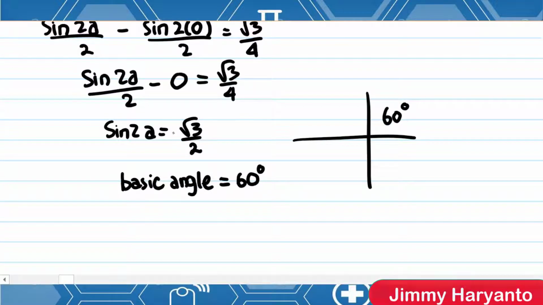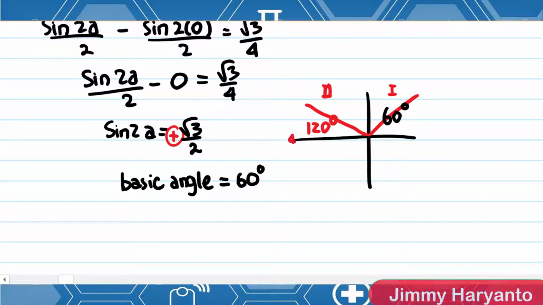Sine is positive right here, so we have to choose the quadrants where sine is positive, the first and the second. If 60 degrees is in the first quadrant, in the second quadrant it will be 120 degrees.